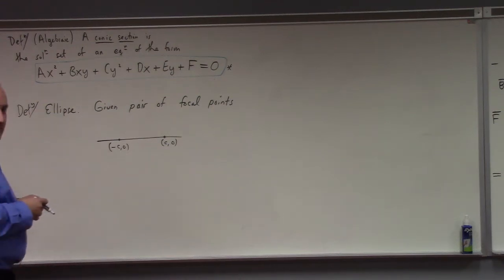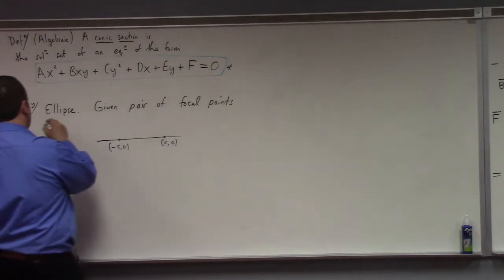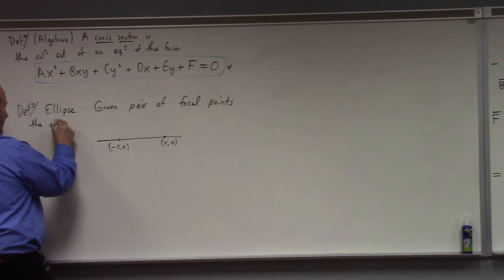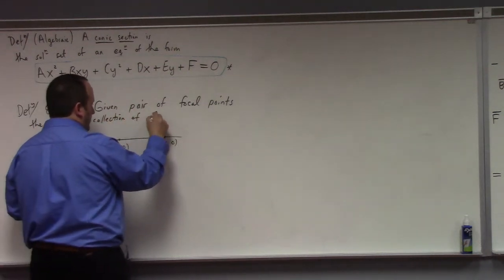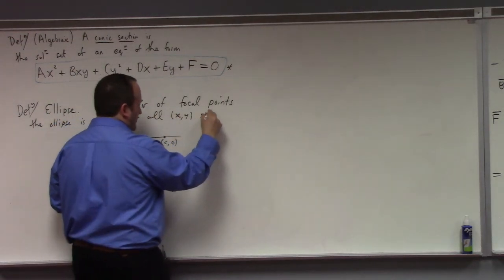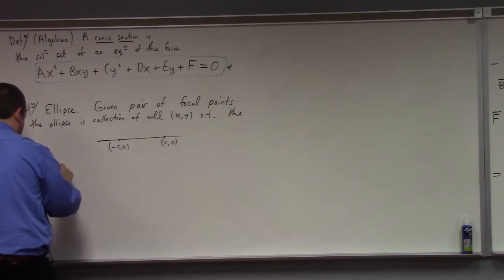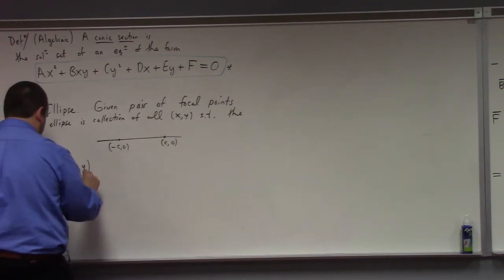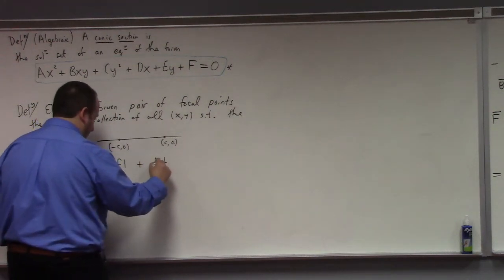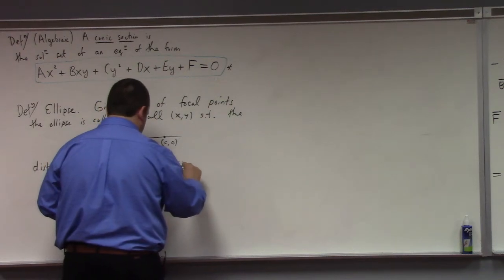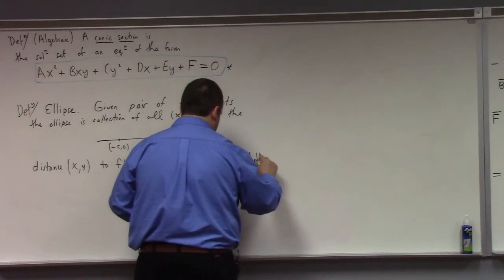I'm not saying that very well, but given a pair of focal points, the ellipse is the collection of all xy such that the distance from xy to focal point 1 plus the distance from xy to focal point 2 is held constant.